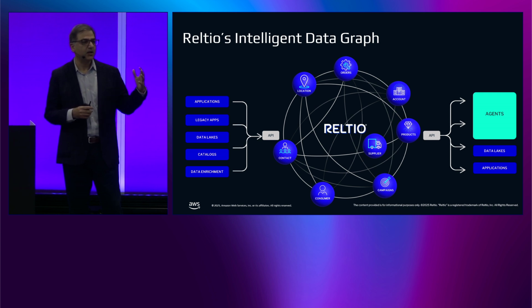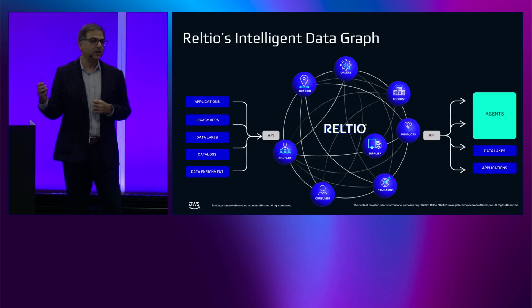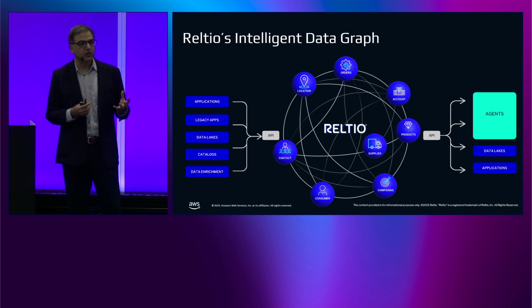You have product data in a warehousing system, you'll have product data in an e-commerce system, and so on. So how do you bring all of this together, unify this data to produce a single, authoritative view of any of these nouns that matter for your system? So what Reltio does is it brings together this multi-source data and gives you a trusted single view on which you can build your business operations at the highest level.